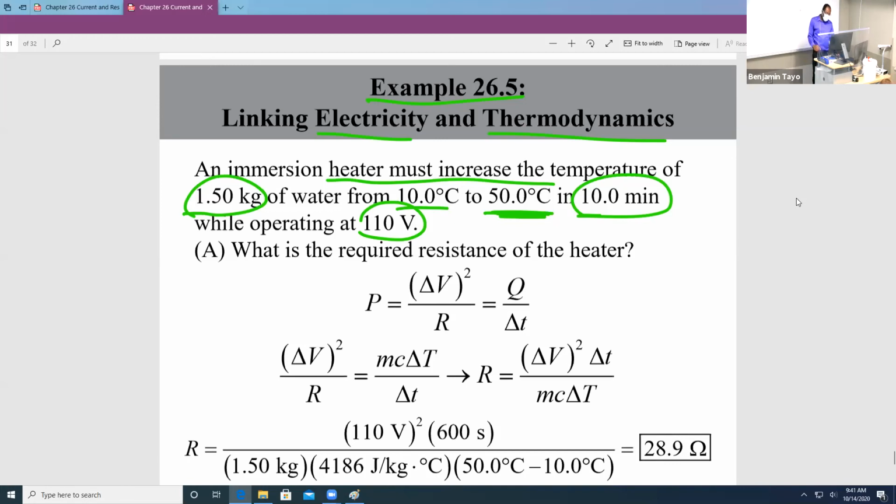Now, in this problem here, the main thing to understand is that this value here is the value that I just gave you. I gave you this as 4,200 because I just rounded it up, but this is the amount of energy here, 4,186 joules per kilogram.